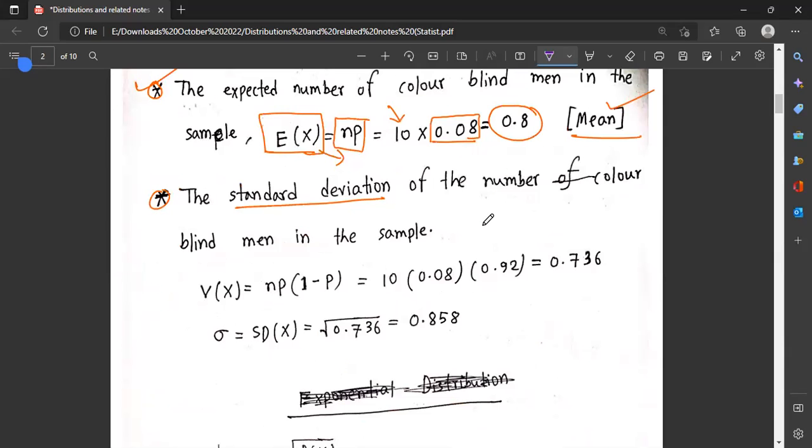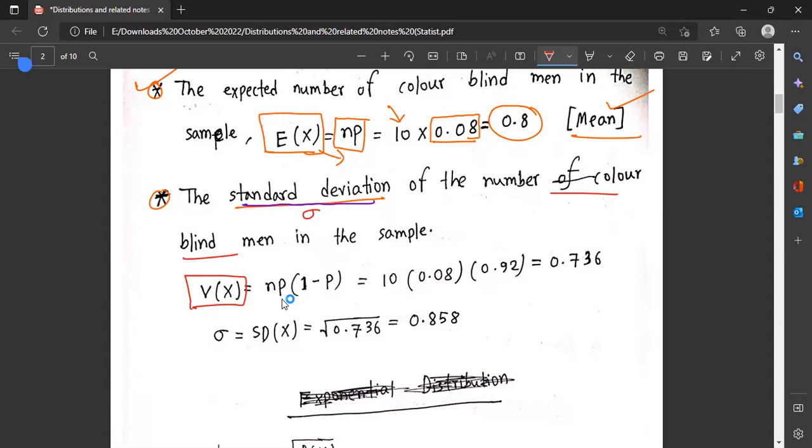So let's come back here. The standard deviation of the number of colorblind men in the sample space. We represent standard deviation with sigma, but here it is represented as V of X. That's not a problem.